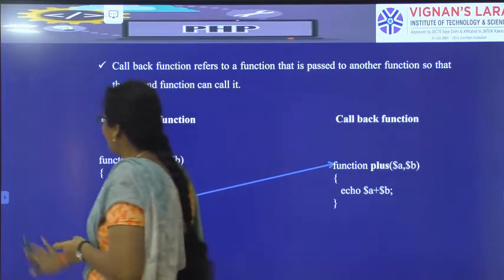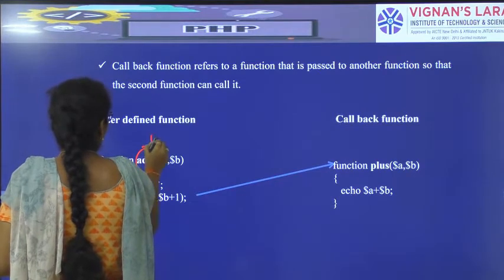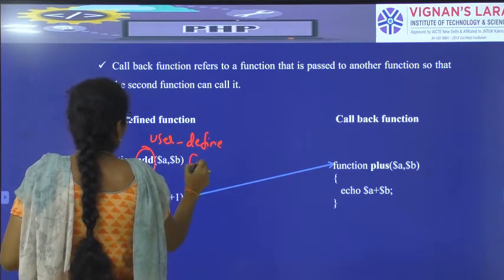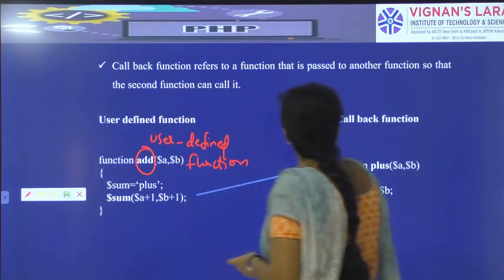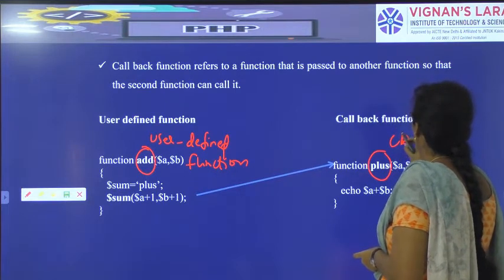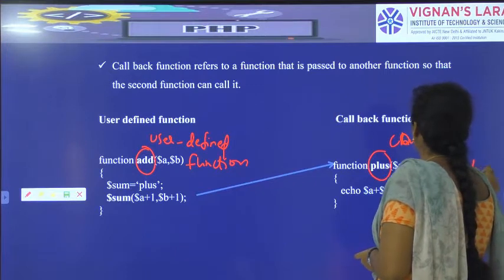So what we have here, function add, which is a user defined function. So function plus, which is a callback function.